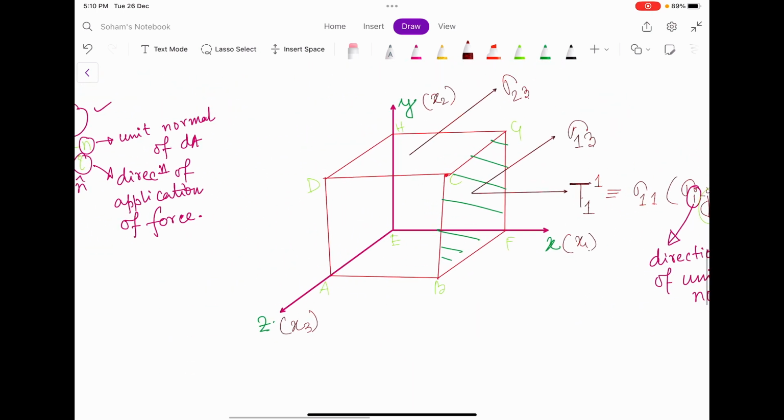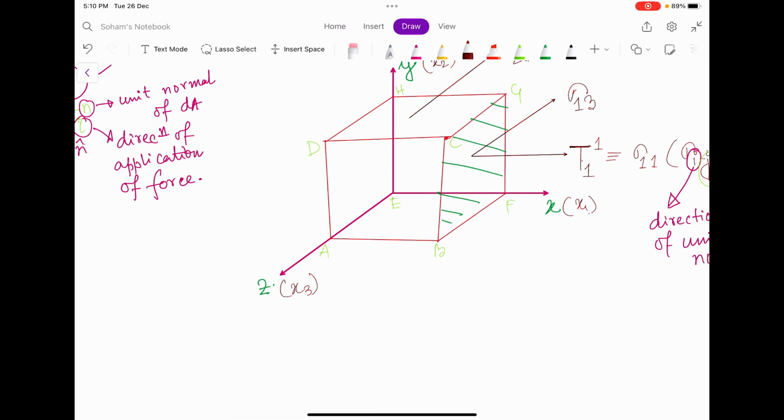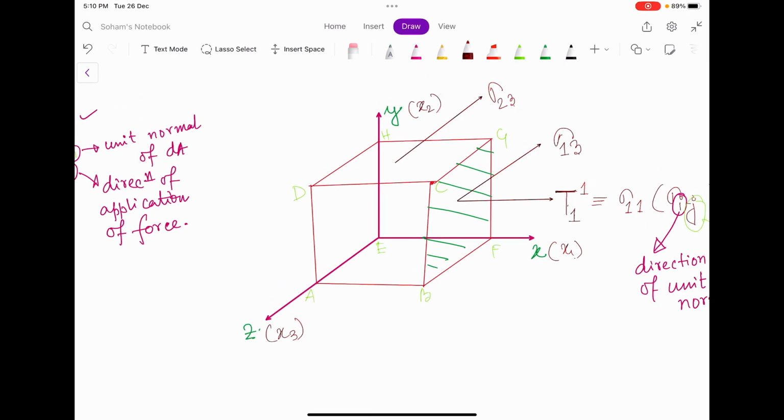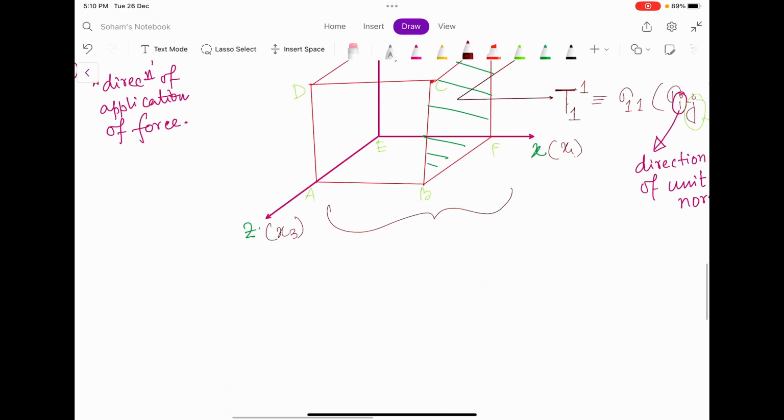Then to specify all the surface forces on this unit volume, I have a matrix of sigma. And the terms of the matrices are what?